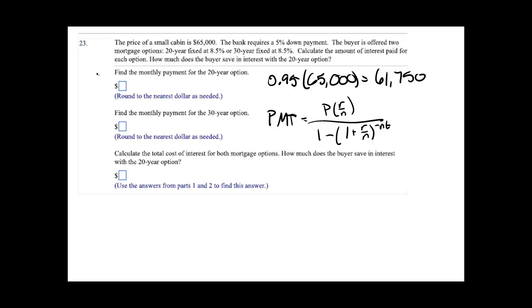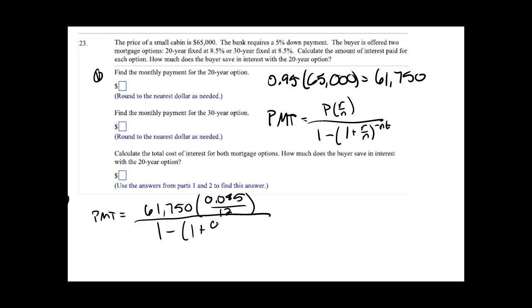For our first scenario, with the 20-year loan at 8.5%, the principal of $61,750 times 8.5% over 12, since this is a mortgage with monthly payments, all over 1 minus 1 plus 0.085 over 12, to the power of negative 12 times t, and this is a 20-year loan, so t is 20.